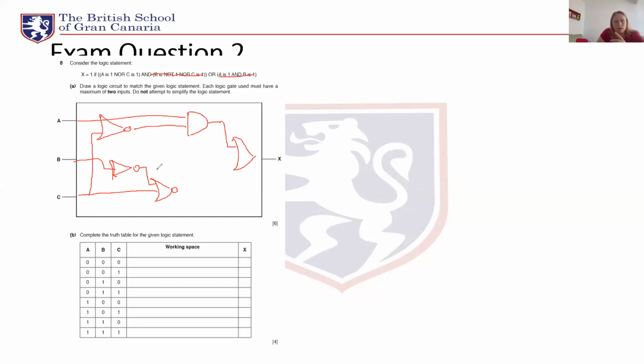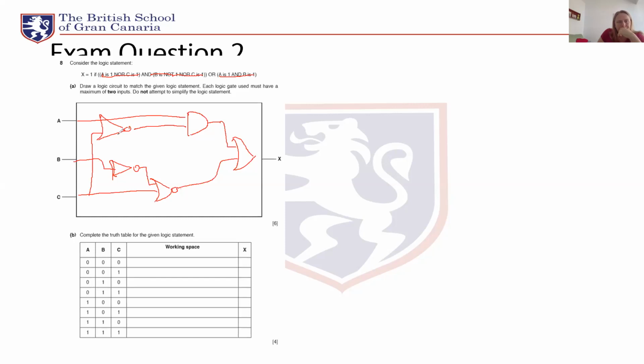there's still something not right. Okay, so right now I need to join the rest of these junctions up, don't I? So we've got NOR, C, NOR going into OR. I think I've got a junction wrong. Have I got a junction wrong?